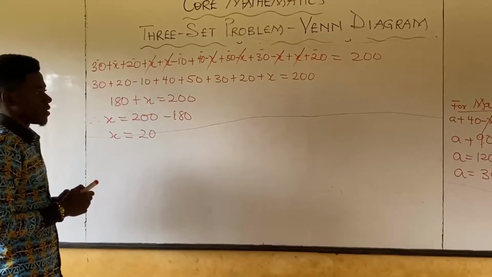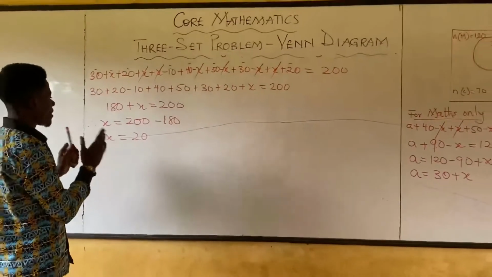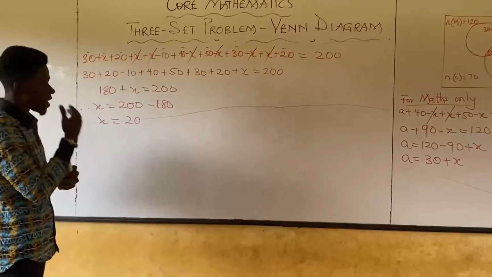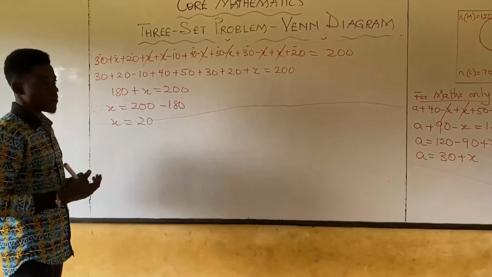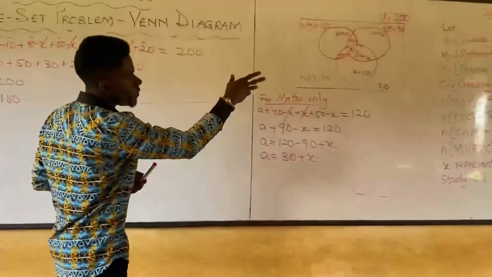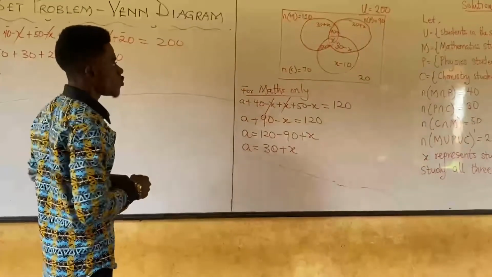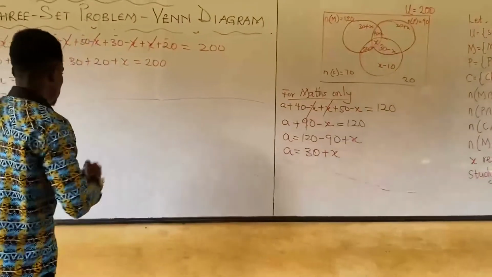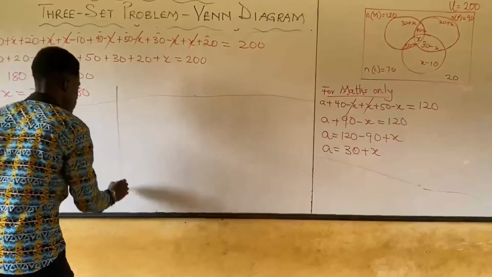Now, after getting the value of x, the next step is to redraw, because the diagram looks complicated, so you have to simplify it. So you redraw.